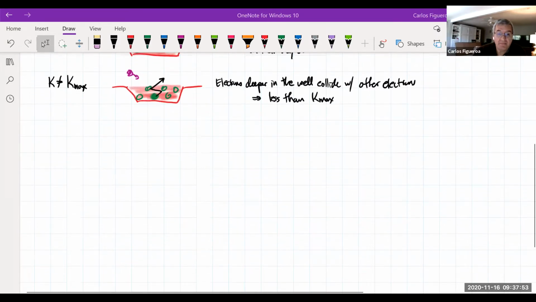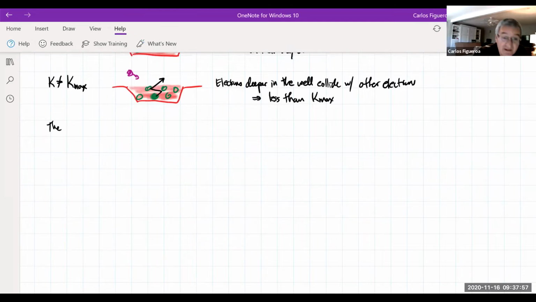When I'm thinking about Kmax, the maximum kinetic energy implies that Kmax has to equal hf minus the work function.